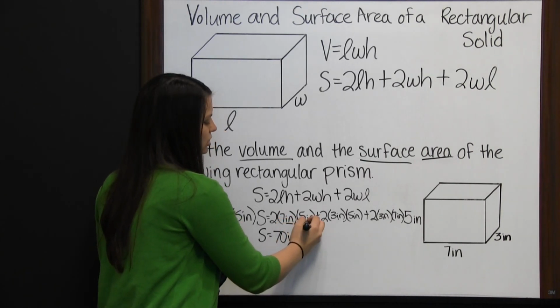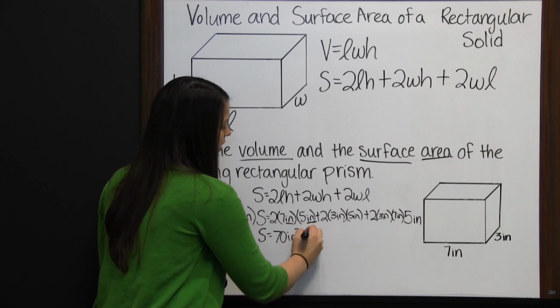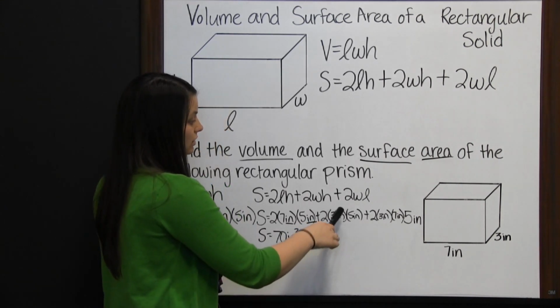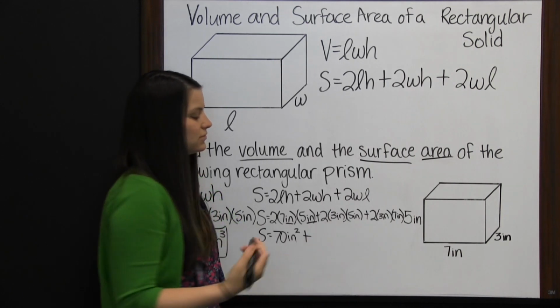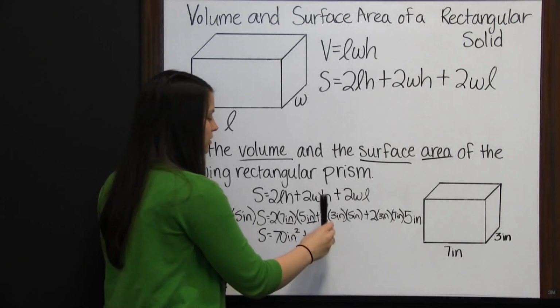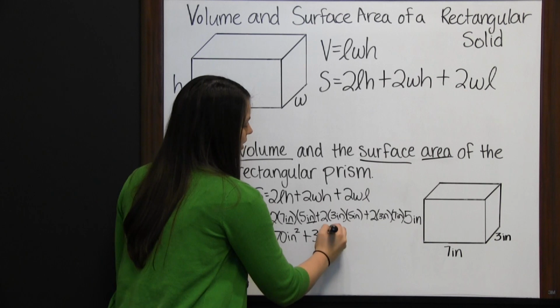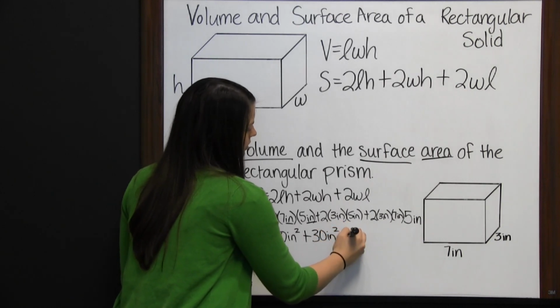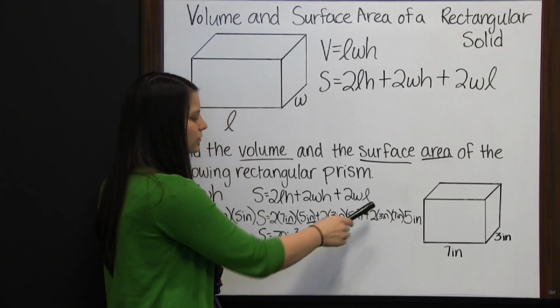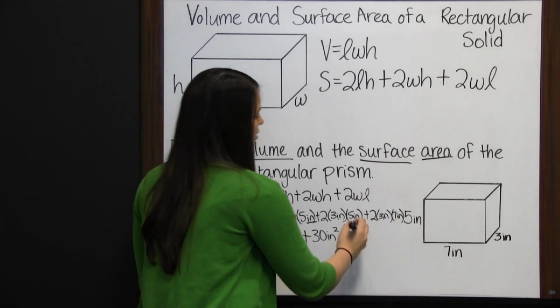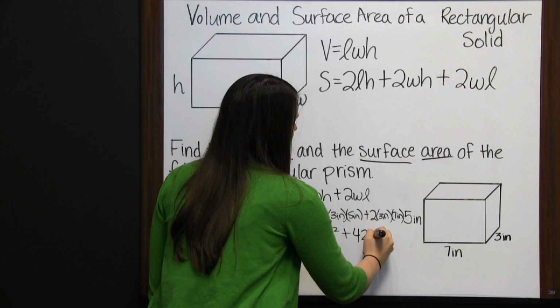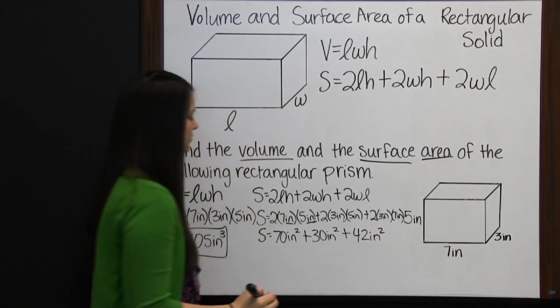And that came from your inches times inches. Plus 2 times 3 inches times 5 inches, 2 times 5 inches, 10 inches, times 3 inches, 30 inches squared. Plus 2 times 3 inches, 6 inches, times 7 inches, 42 inches squared.